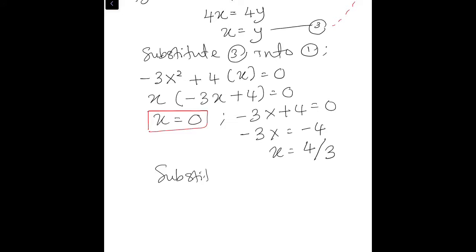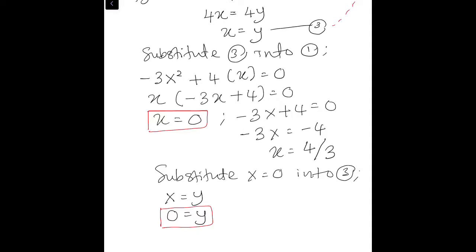Next, we substitute x equal to 0 into equation 3. We have x equal to y, so when x equal to 0, y equal to 0. Now we match x equal to 0 and y equal to 0 into a point form. So we have the first point (0, 0).